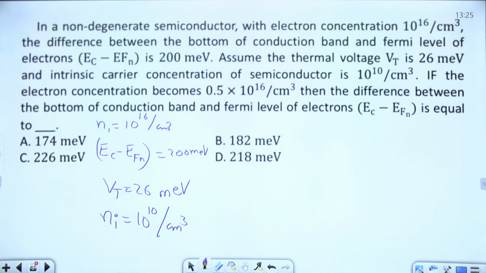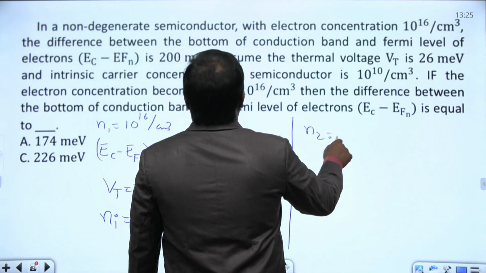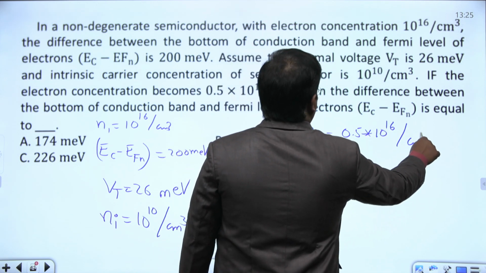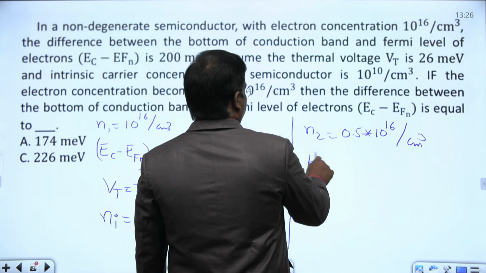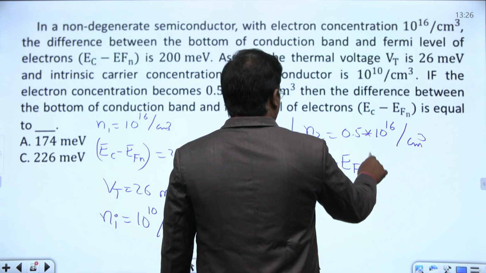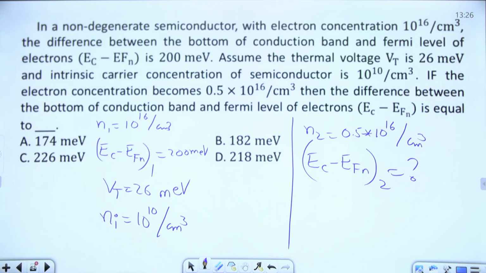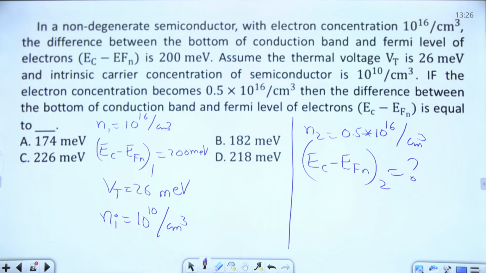If the electron concentration changes to another value, N2, equal to 0.5 into 10 power 16 per centimeter cube, what is EC minus EF for the second condition? That is the information they gave for the first condition. Here also, if you know one relation, we can solve it. Just a small relation we need to know: the density of states. If you know the density of states, we can solve this.